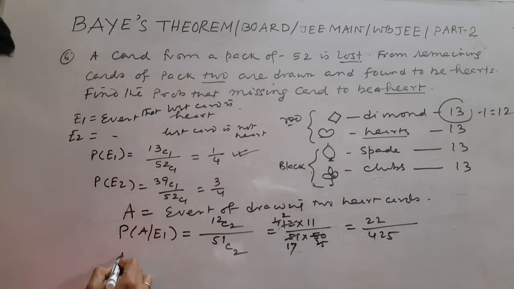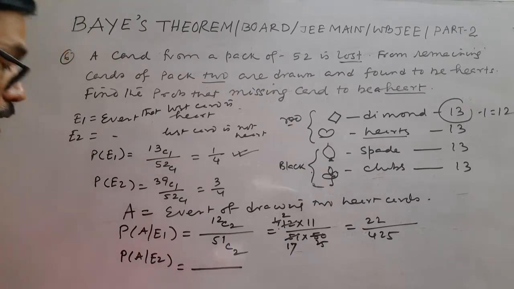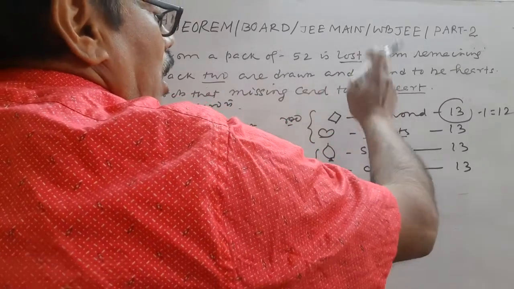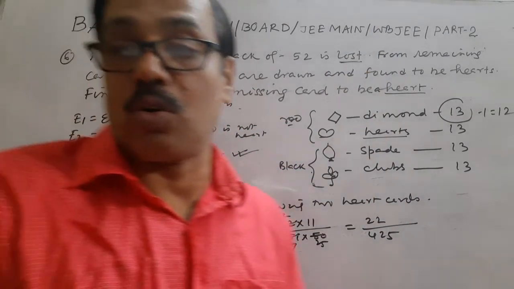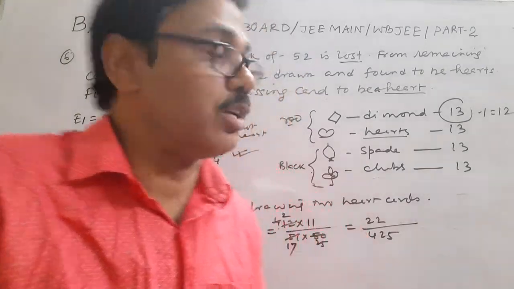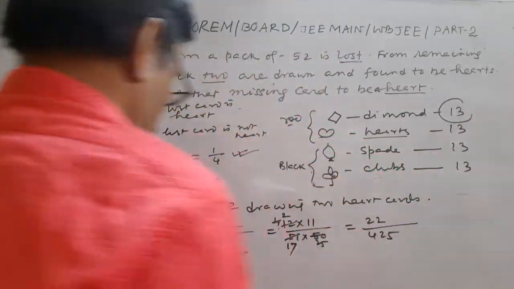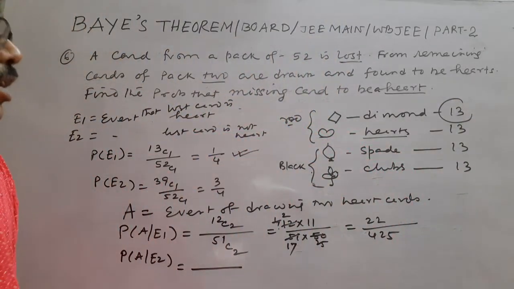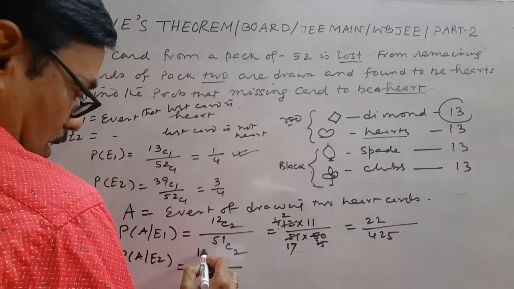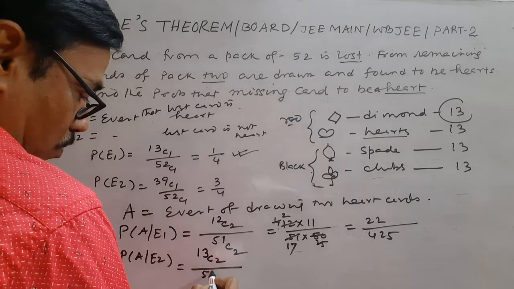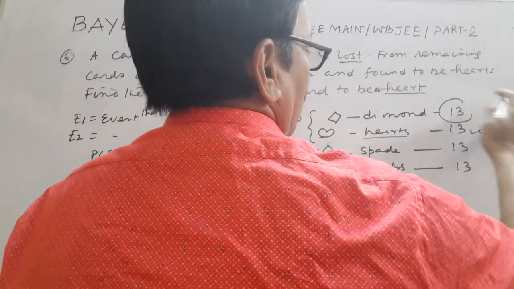Now P(A by E2), this step to be noted. Drawing two heart cards when lost card is not heart. So this will not be subtracted. So look, lost card is not heart. So this is 13C2 by 51C2 because total heart cards is 13.